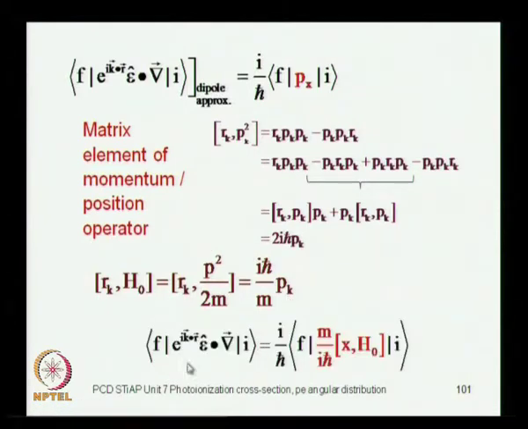So this matrix element, which is the matrix element of p_k, right. So this is the matrix element of the kth component of the momentum operator. So this can be written in terms of the matrix element of the commutator of the position operator and the Hamiltonian scaled by this m over i h cross which is coming from here, right.